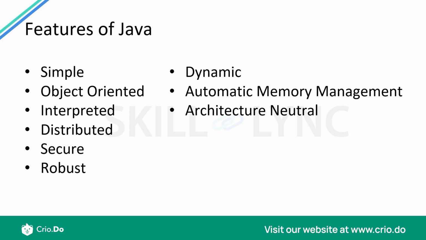So that's why it becomes architecture neutral, or you can say it becomes portable. So how does it become portable? Just because it has a particular Java runtime system for that particular OS. And again, Java is having a lot of high performance, and that's really important for applications, right?